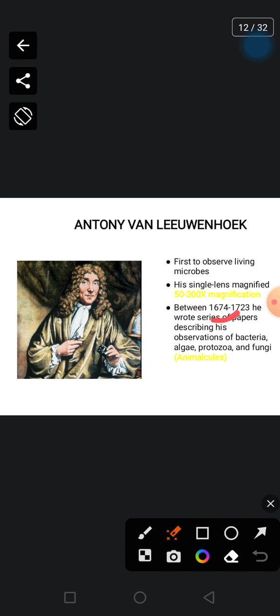Between 1674 and 1723, he wrote a series of papers describing his observations. He observed bacteria, algae, protozoa, and fungi. He called them all animalcules. He did not call them bacteria, fungi, or algae; he collectively called them animalcules.